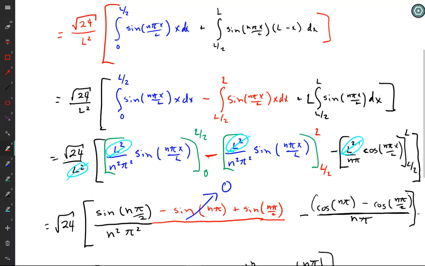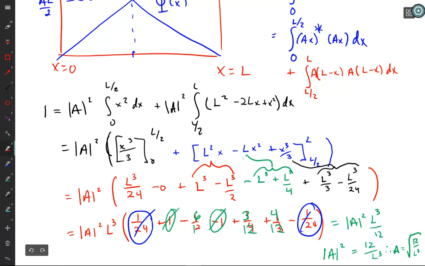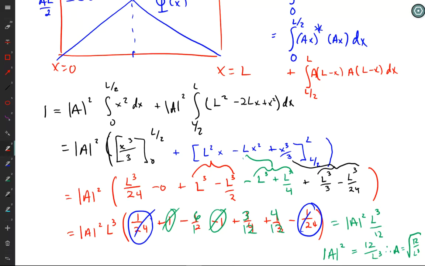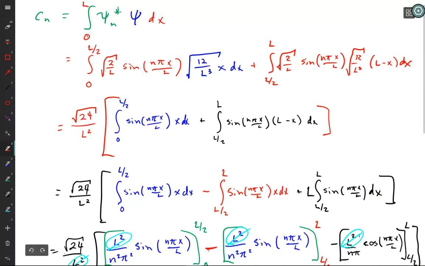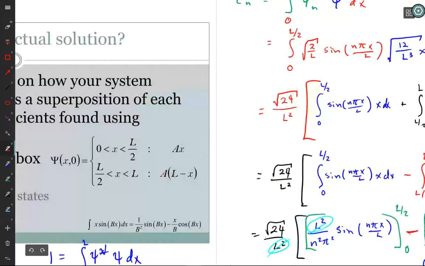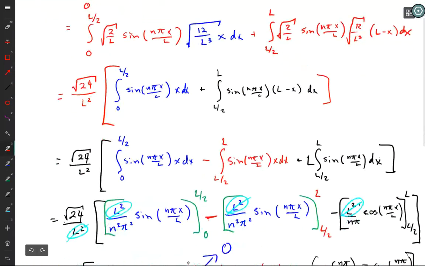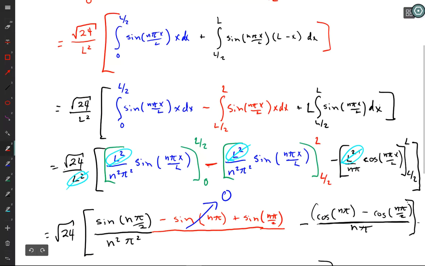That would be wonderful. Let's go back and look at that. I hate to make mistakes, but I hate to leave them more than I hate to make them. A was square root of 12 over L cubed. We had, no, I believe that's right. Yeah, I broke it.